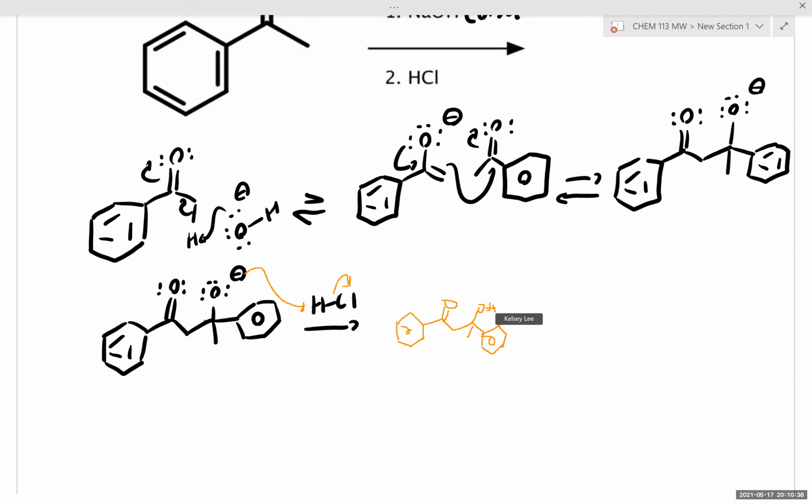So treatment with acid will protonate our alkoxide ion. If we have excess acid floating around, what's going to happen next?